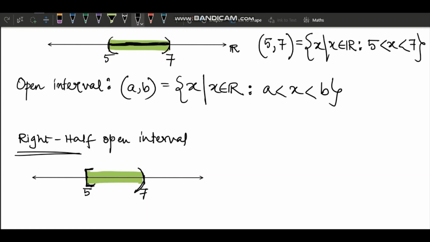So we can write it as closed at 5 and open at 7, is that subset of the set of real numbers such that x is greater than or equal to 5 but less than 7.